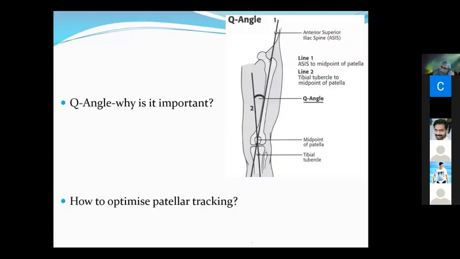One of the reasons is, if you resect the patella, you should have at least 14 millimeters of bone behind. And the other thing is the patella button normally measures around 8 mm. So 14 plus 8, you should have at least 22 mm of bone to start with.